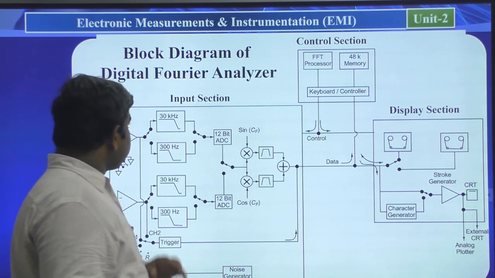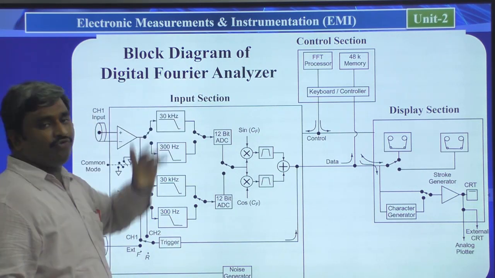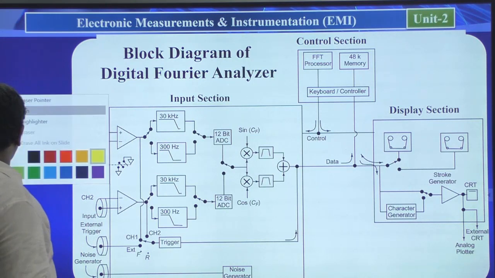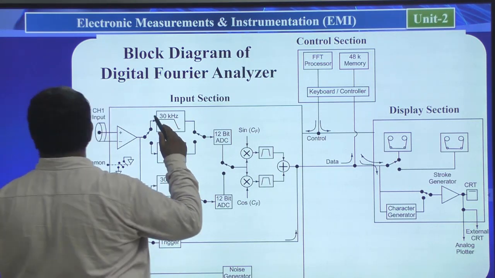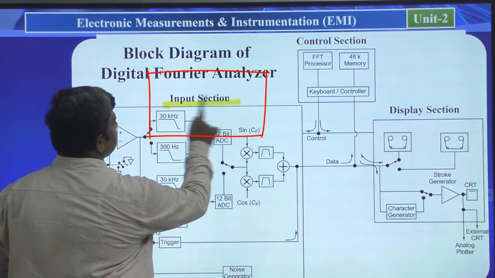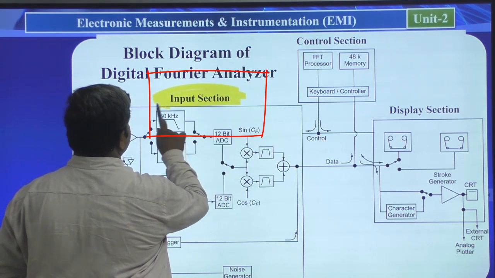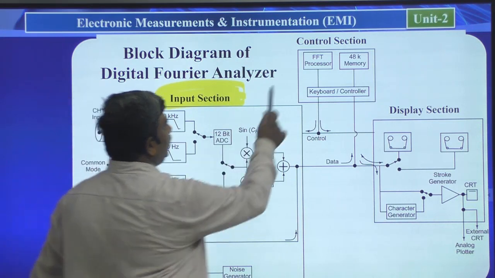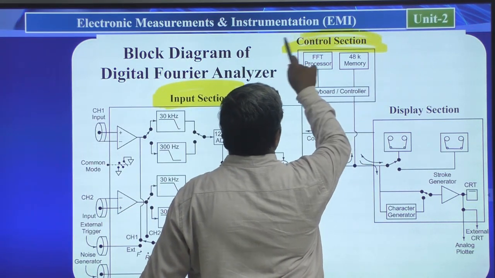The block diagram of the digital Fourier analyzer consists of three parts. The first one, input section. Second one, control section.